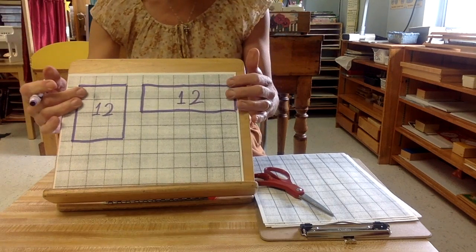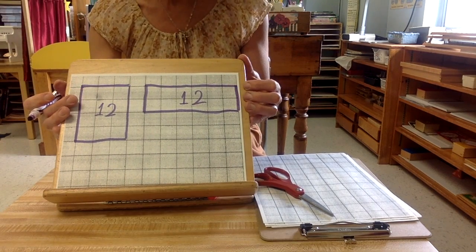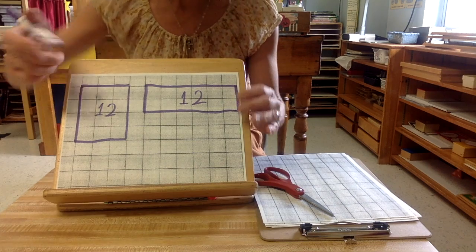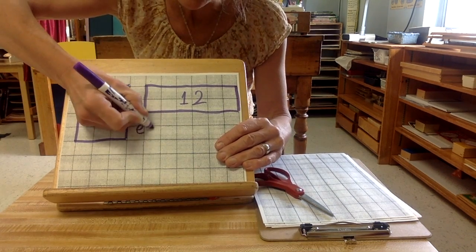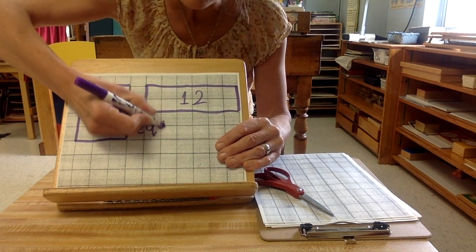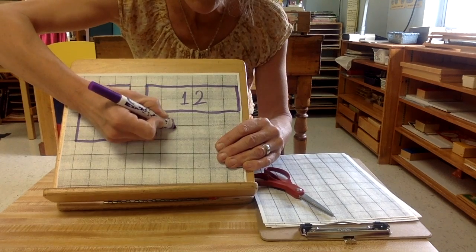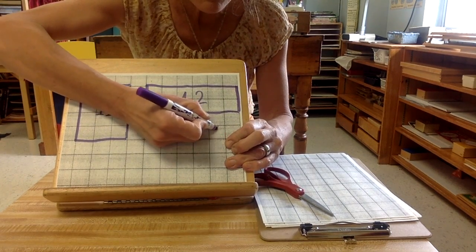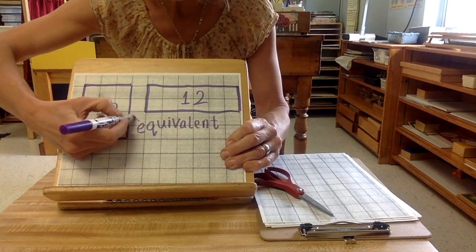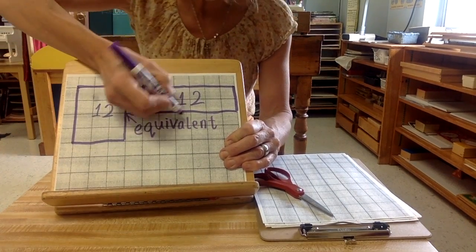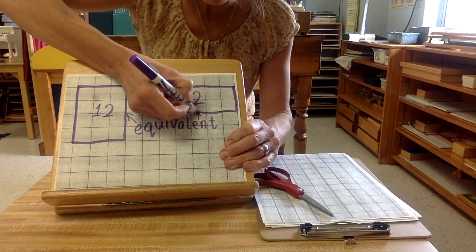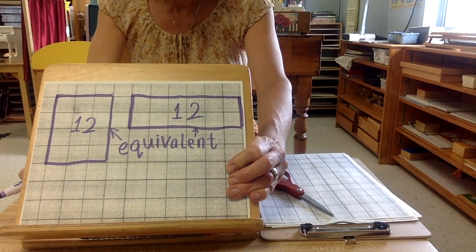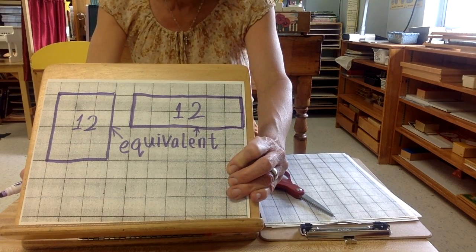So these two rectangles have equal value. So they are equivalent. If you want to write that word, okay, you have 2 equivalent rectangles, rectangles with equal value.